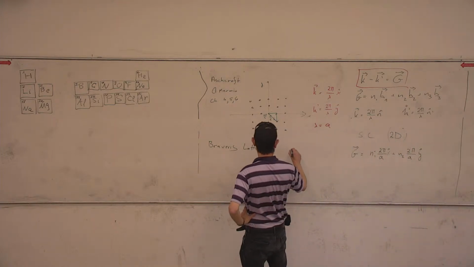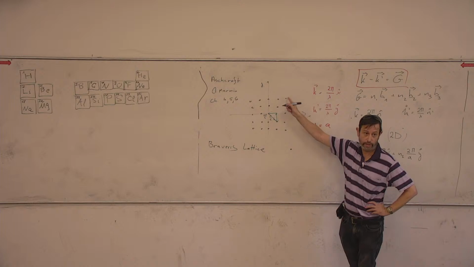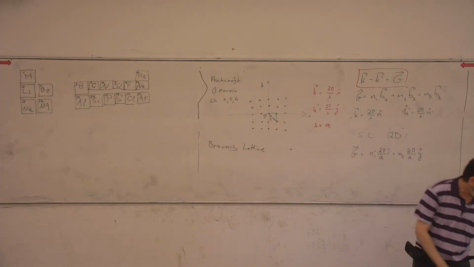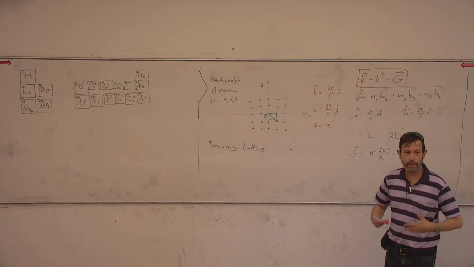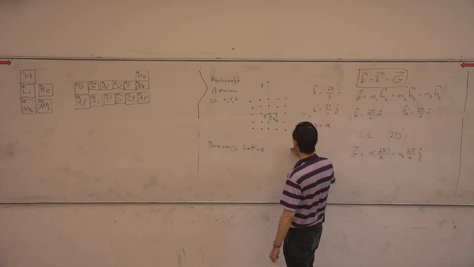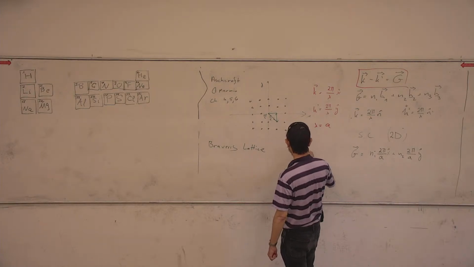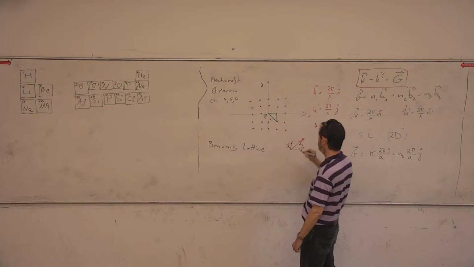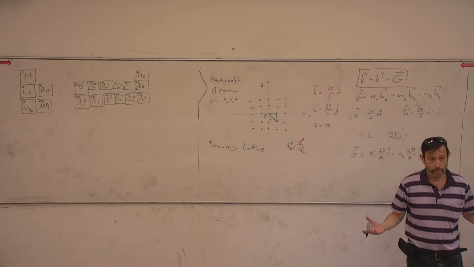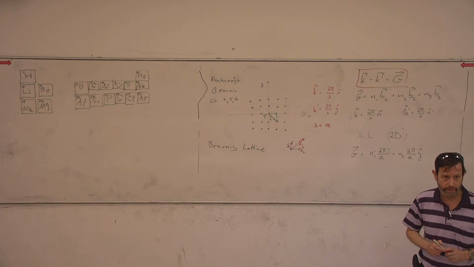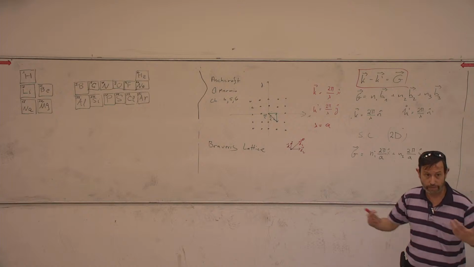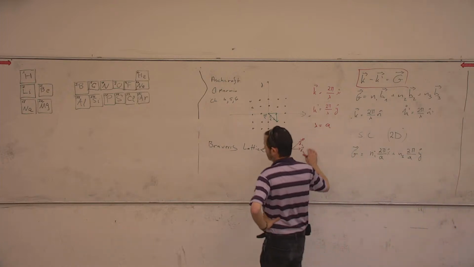From each point, for example, a point appearing here, we have actual physical atoms sitting at locations signified by D1, D2, vectors from the lattice point to the actual position of the atoms. Okay, that's the basis of the Bravais lattice, which we defined in the previous lecture.